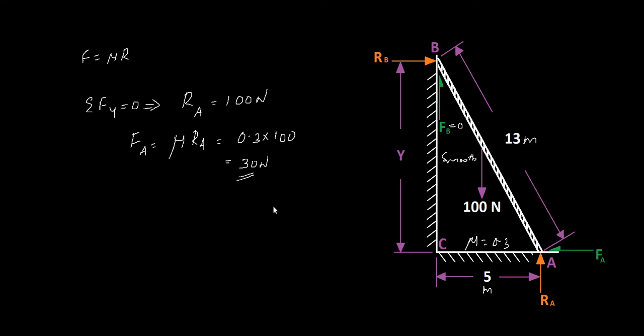Newton. Now that is the maximum frictional force available at this point. So when you take the moment, as long as the force on this surface is less than this 30 Newton, then your system is in equilibrium.